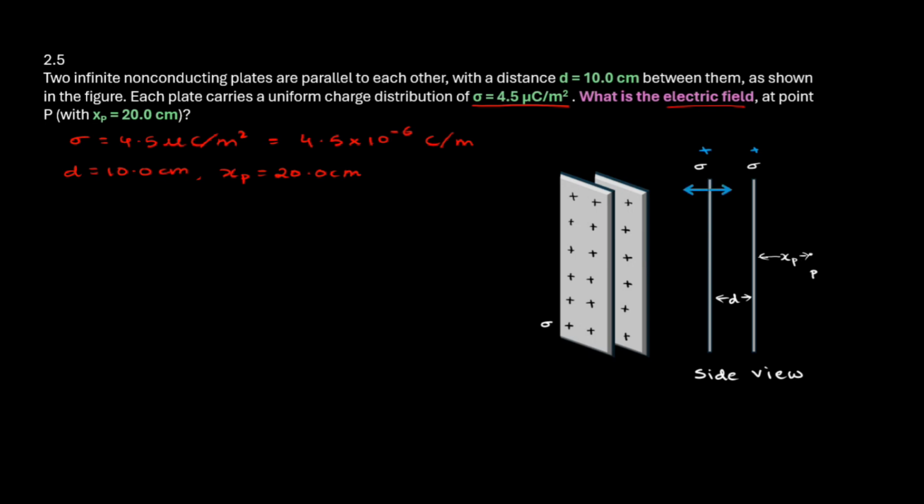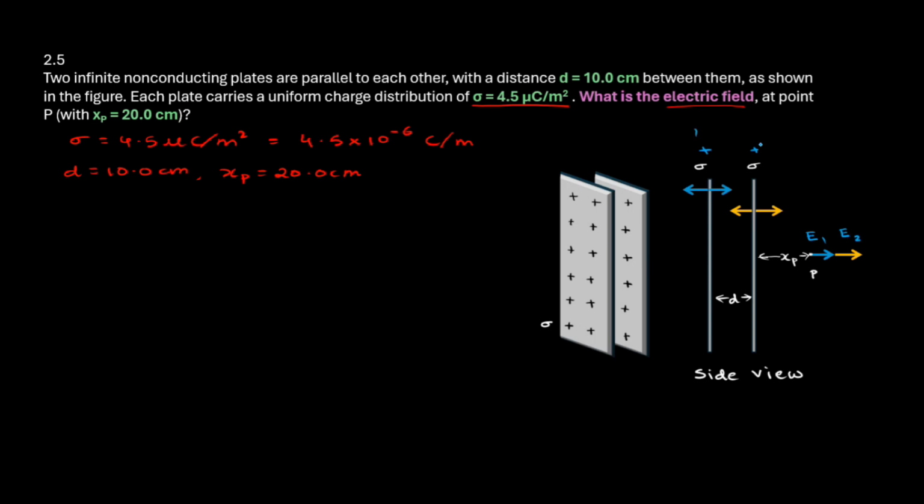So you can show the electric field coming out of the two plates in this manner. And at point P, the electric field because of both of them will be going to the right. So this will be the electric field due to plate 1 at point P. We will call this E1. And then this will be the electric field at point P because of plate 2. We will call this E2.